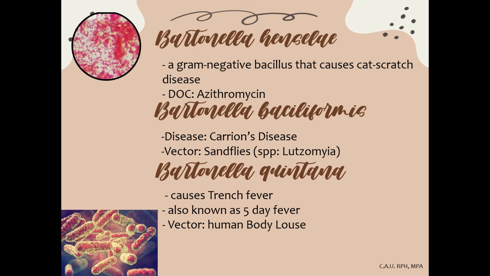The initial sign is a papule at the infection site, which appears 3 to 10 days after exposure. Swelling of the lymph nodes and usually malaise and fever follow in a couple of weeks. Cat scratch disease is ordinarily self-limiting, with a duration of a few weeks, but in severe cases, antibiotic therapy may be effective, such as azithromycin.